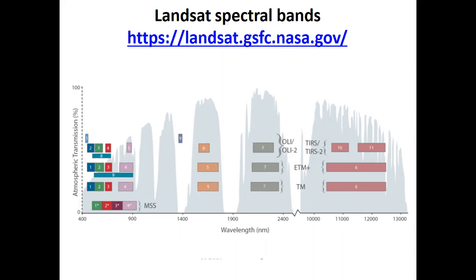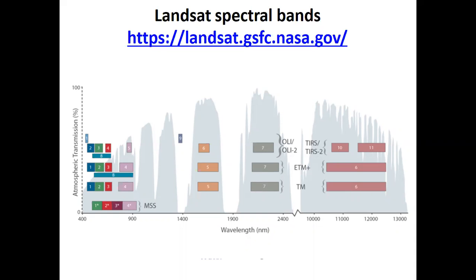By the way, this particular picture I took from the NASA website telling about the Landsat satellite series. You could also go there and learn a lot about these satellites. The gray background in this picture is the atmospheric windows. All these gray peaks in the background reflect the atmospheric transmission, the light which goes through the Earth's atmosphere.